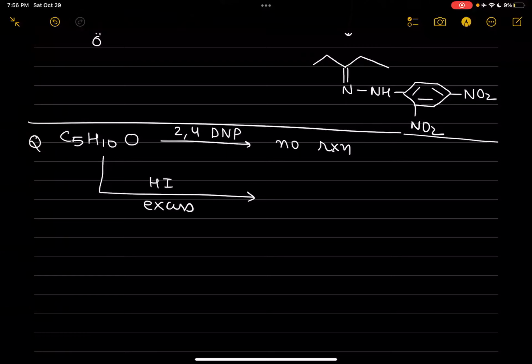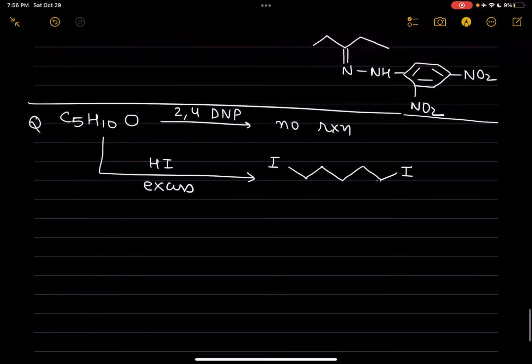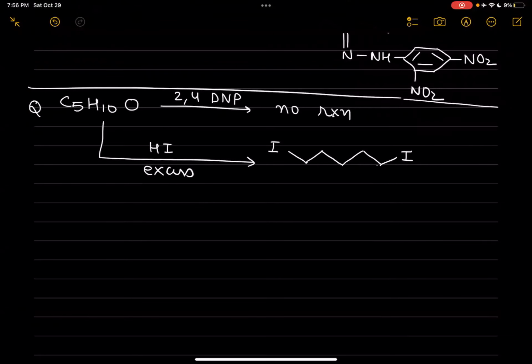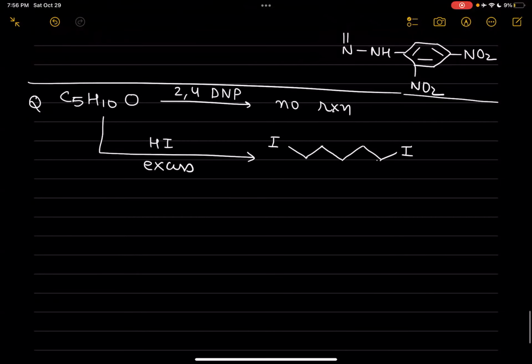But upon reaction with excess HI, it gives this. So which compound is this?